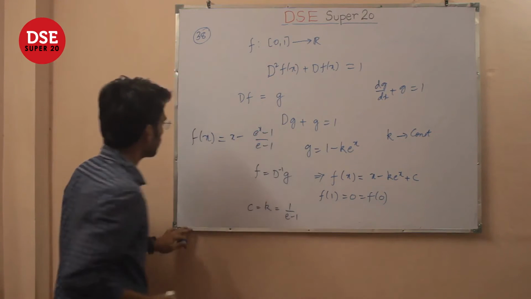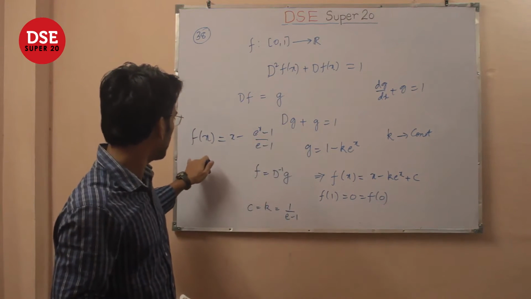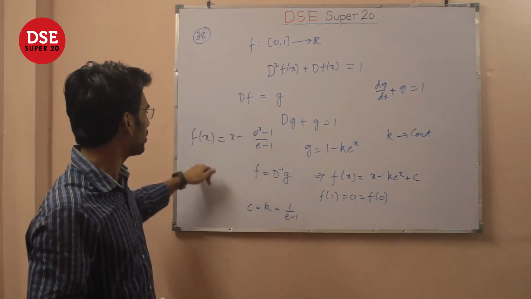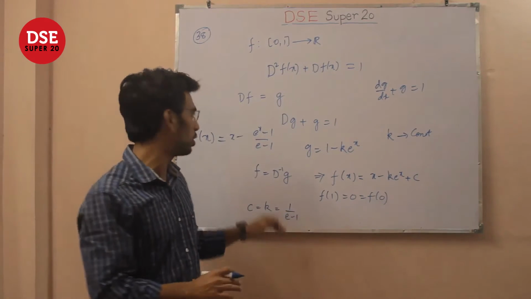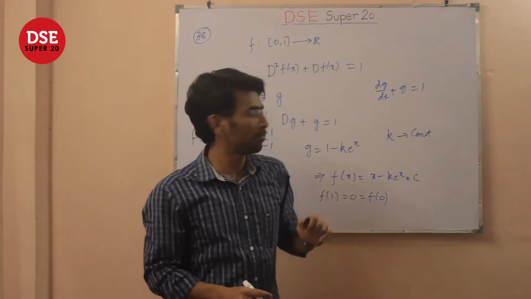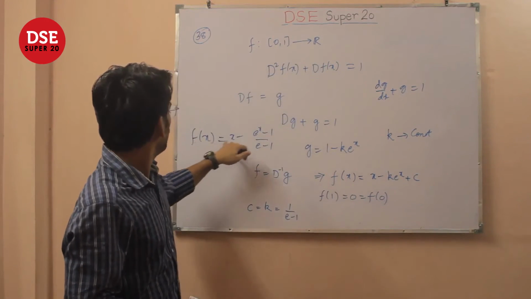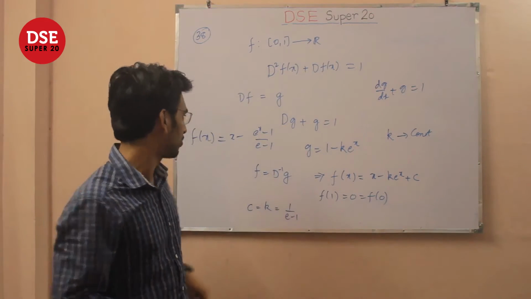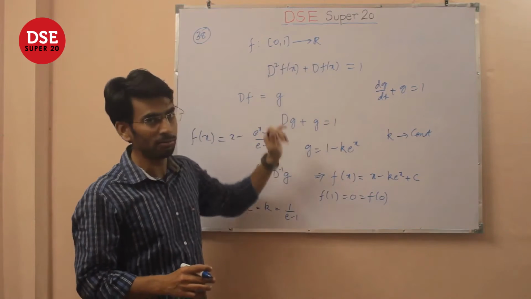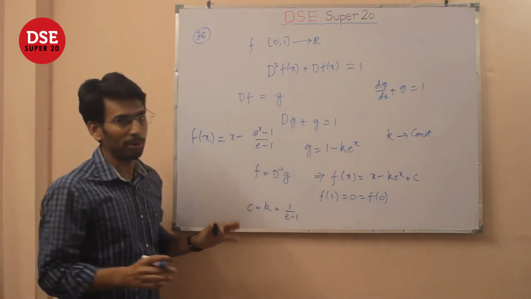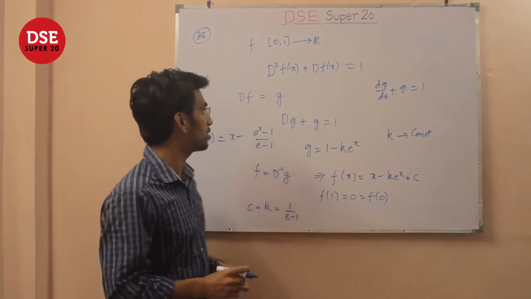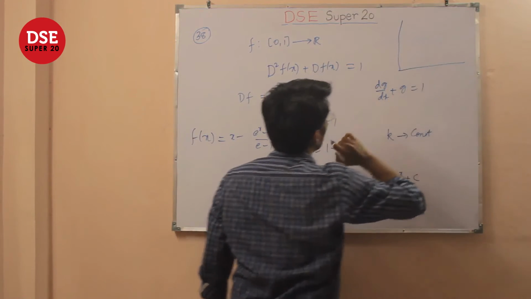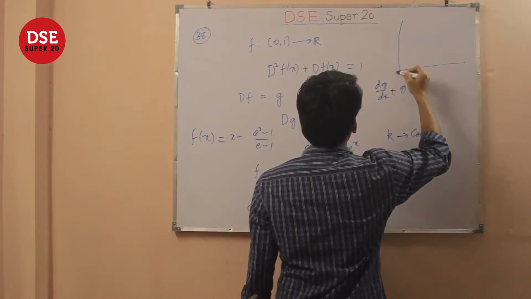Now, what we're asked is the characteristics of this function, the values that it takes over [0, 1]. Well, you can check that this function has a unique global maximum between 0 and 1, and that can be obtained by first order and second order conditions. So the graph of this function will look something like this.